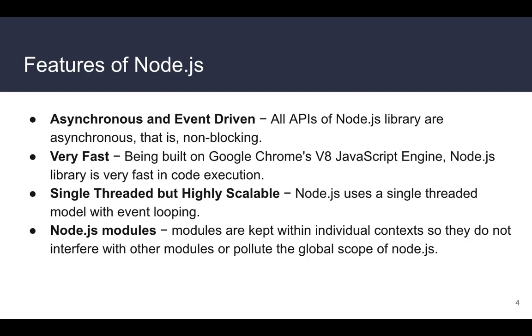The first is the core module, the second is the local module, and the third is the third-party module. The core module is the basic one that includes all the bare-bones functionality of Node.js. They load automatically when the node process starts.